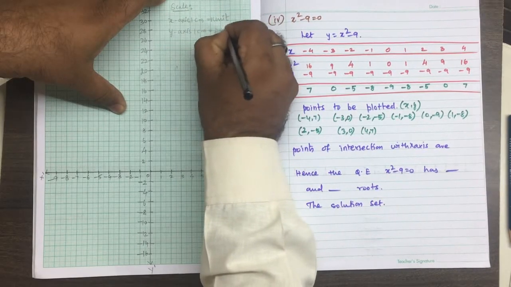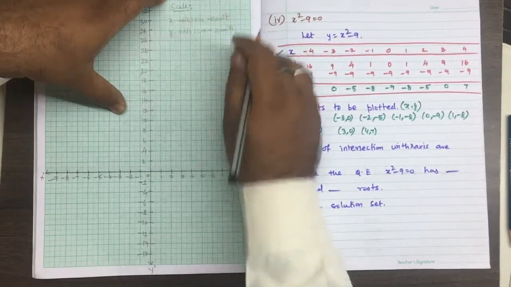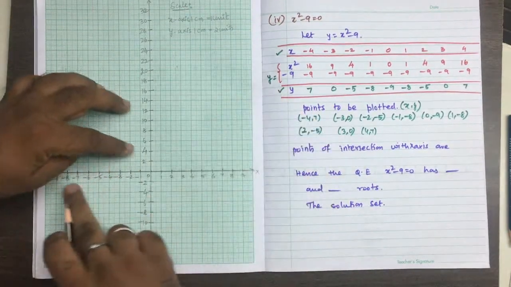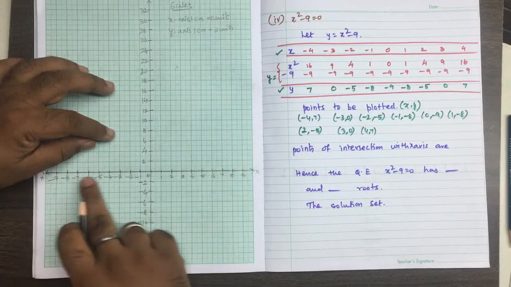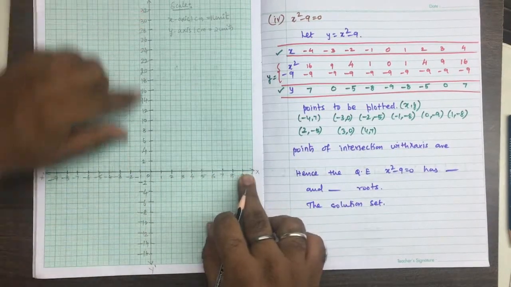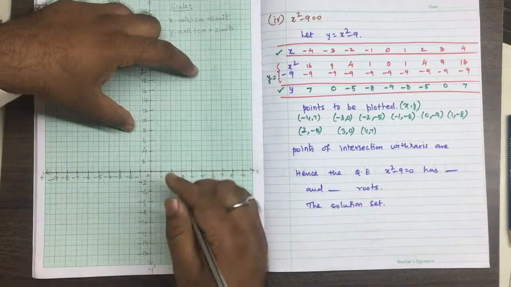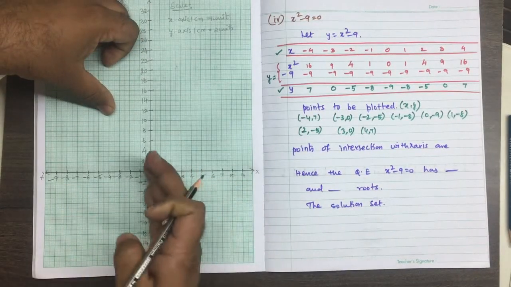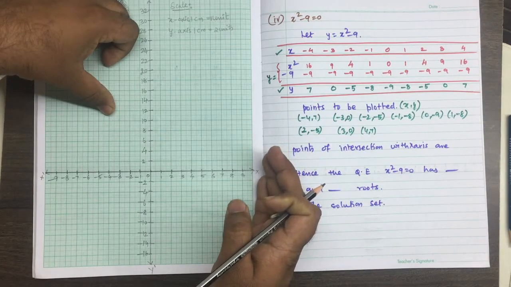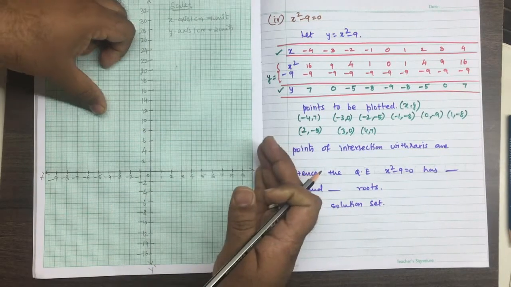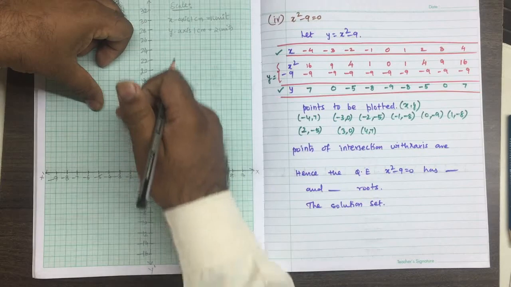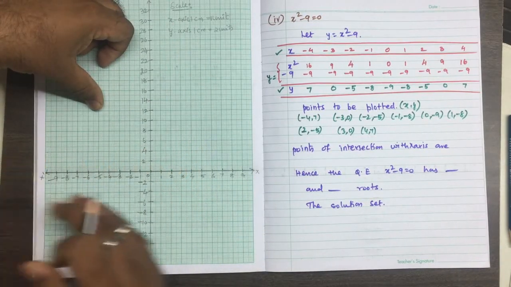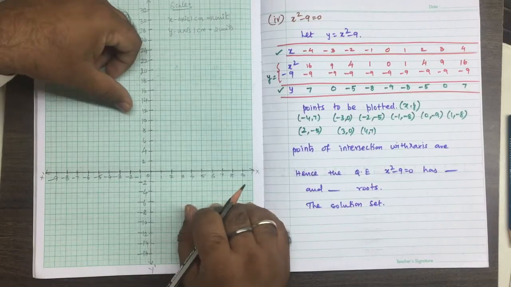We have to write the scale like this, and the line is drawn exactly on the dark line which we have in the graph paper. And then we have to write it properly: positive values are to the right of 0 and above the x-axis, and below it is negative, and to the left it is negative in the x-axis.